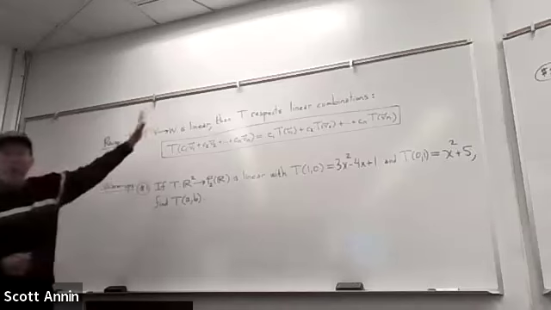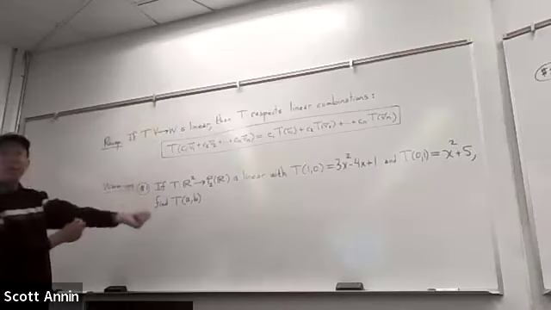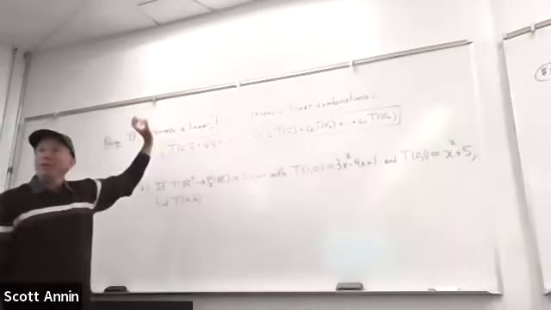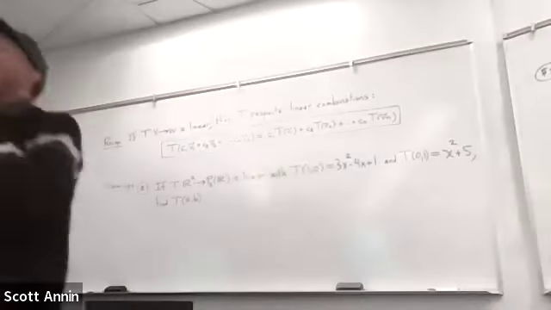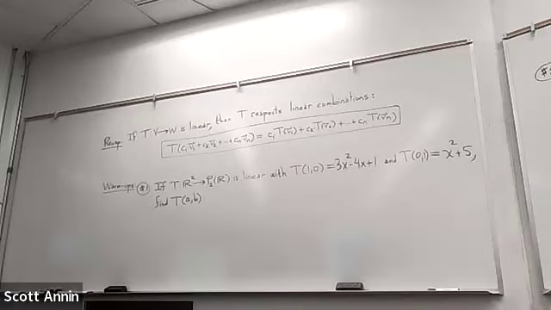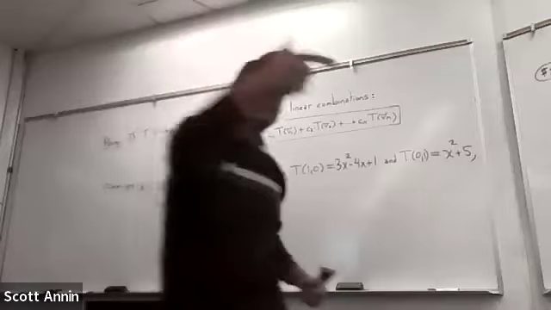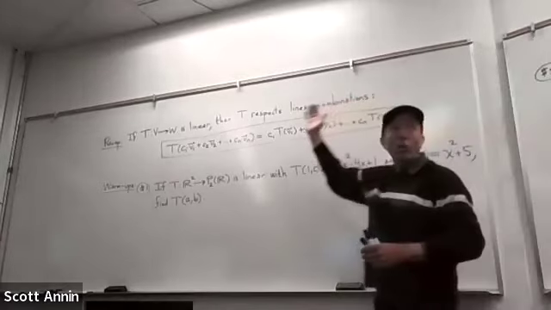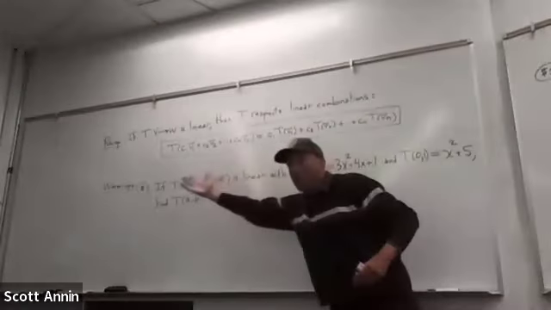Notice all I have on my recap up here is just a reminder that whenever you have a linear transformation, meaning that it respects addition and scalar multiplication, then any linear transformation like that actually has to respect all possible linear combinations.